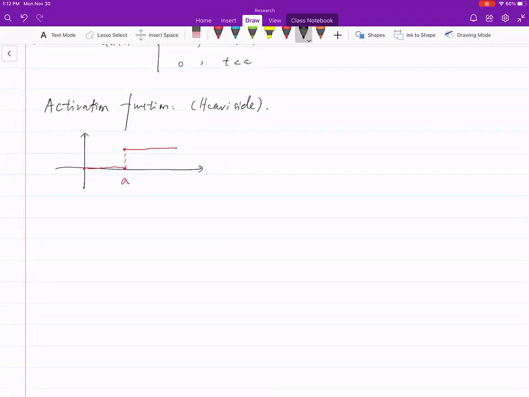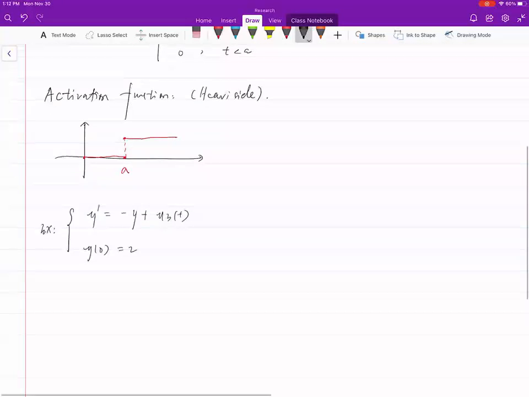Then we talk about how to solve this differential equation. We had an example with the activation function: y prime equals negative y plus u3(t), y(0) equals 2. From here, you can see this is basically equivalent to 2 systems.